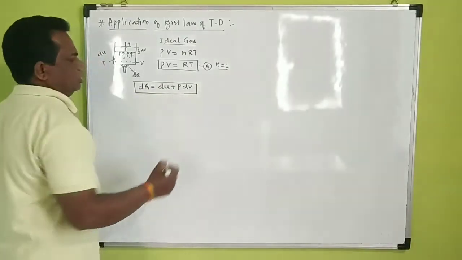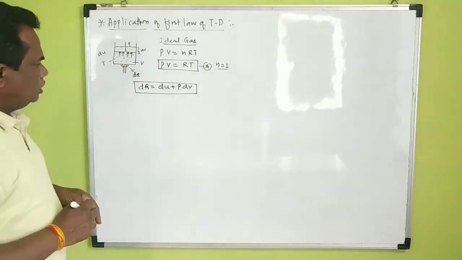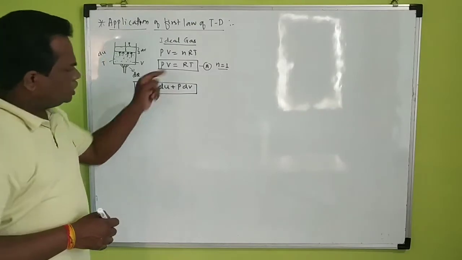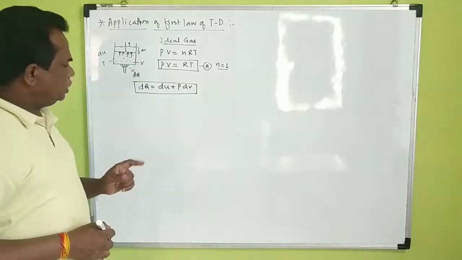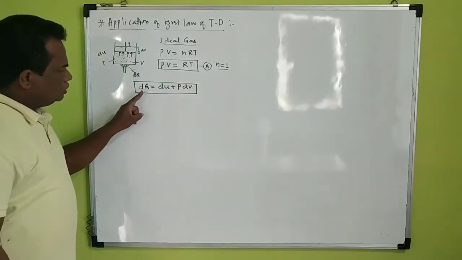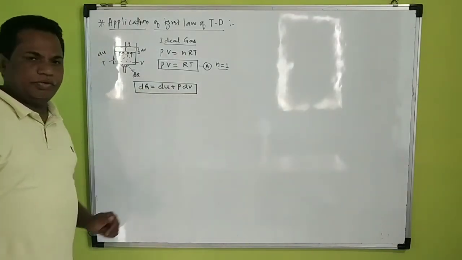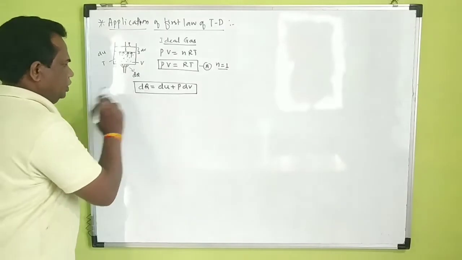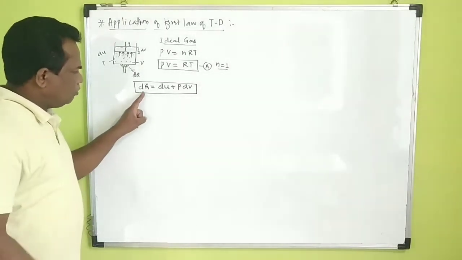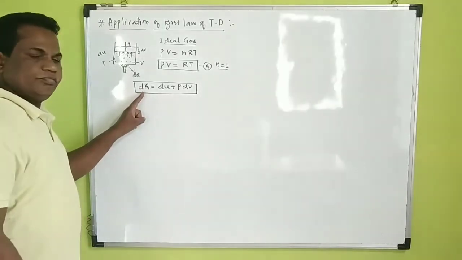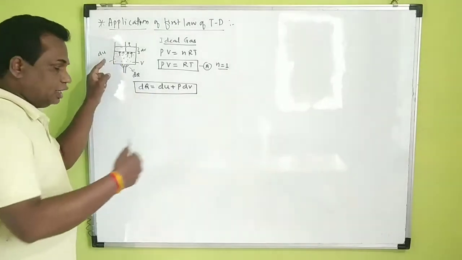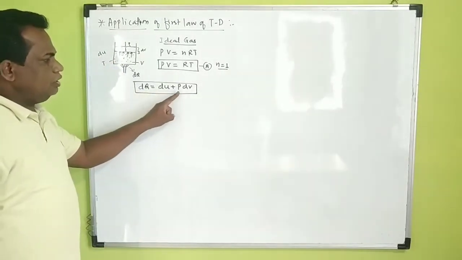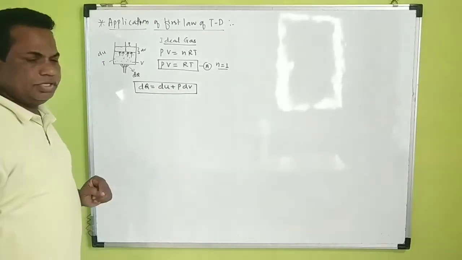In the last video you may say, sir, you wrote dU is equal to dQ plus PdV. That is also correct. But when you write such an equation, you have to define everything. So dQ is the amount of energy given to the system, dU is the amount of internal energy increased, and PdV means what?